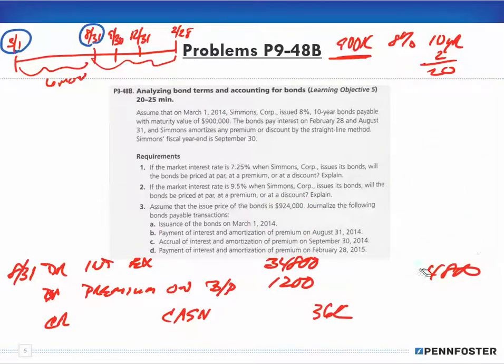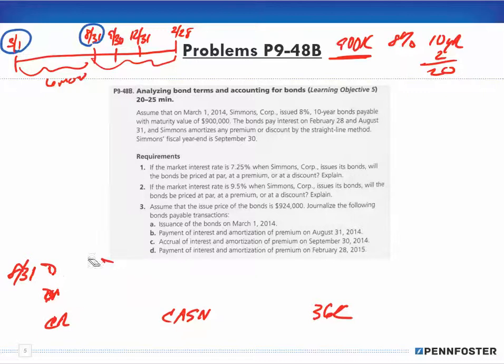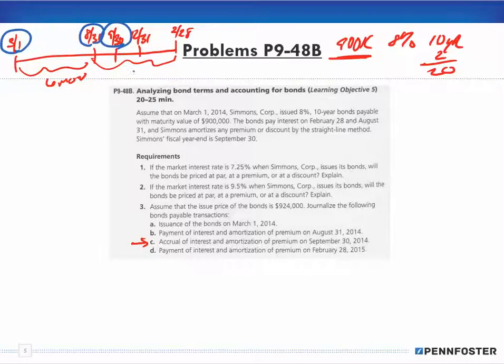All right, so C, we have the accrual of interest and amortization of the premium on September 30th. So now we're right here in the timeline. September 30th is their fiscal year end, so we have to accrue the interest for that one additional month.